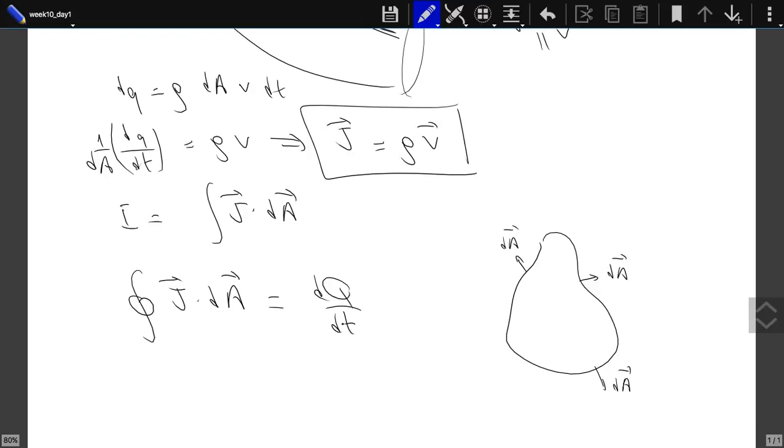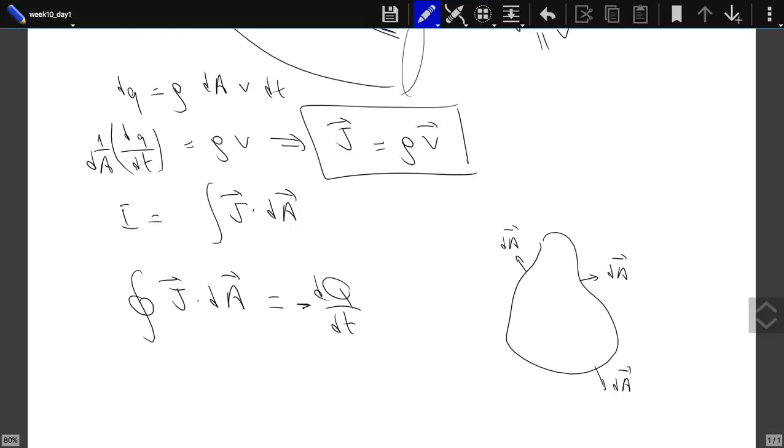Well, if this is positive, that is, if the number of charges passing through the surface area per unit time is positive, that means the change in the total charge inside per unit time is negative. So we have this minus sign, so we should have this relation. So if the total charge within a given volume is decreasing, that basically tells me that there is a current on the surface of that volume.